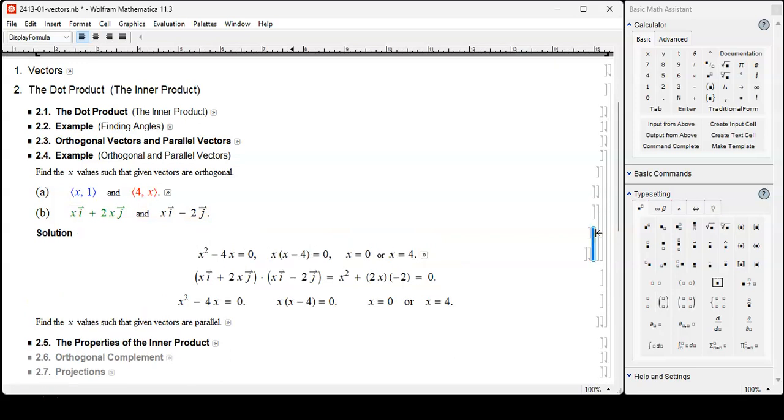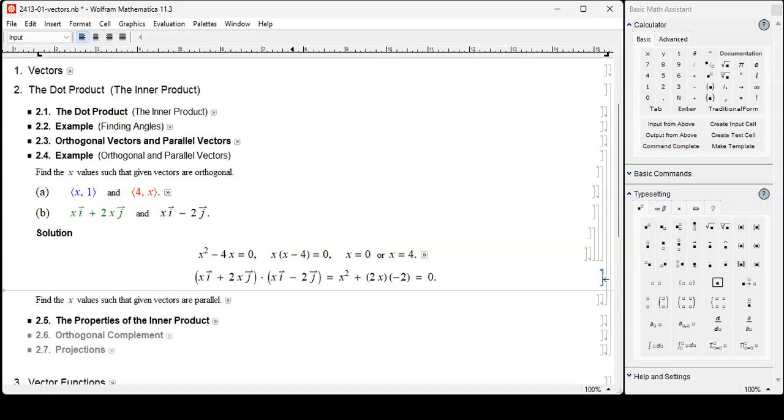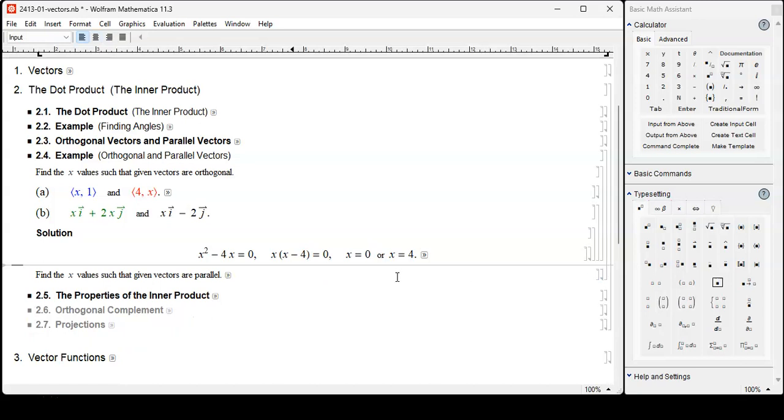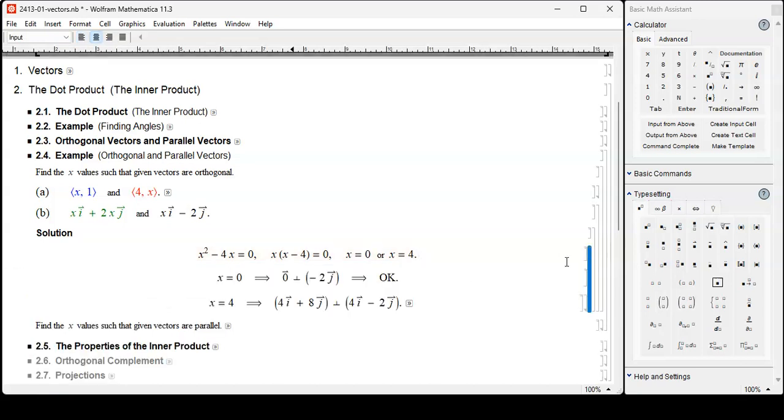So x equals 0 or x equals 4. That's okay, but you cannot draw x equals 0 because this green vector is a trivial 0 vector. You cannot see it.